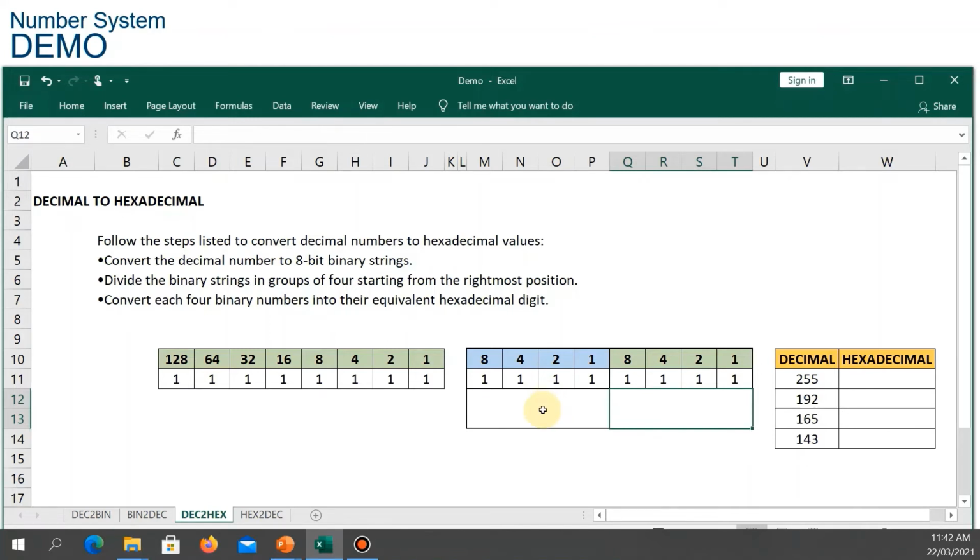In hexadecimal, 15 is F. Take note that hexadecimal is not case sensitive. So 1111 is F, and therefore 255 in decimal is equal to FF in hexadecimal.